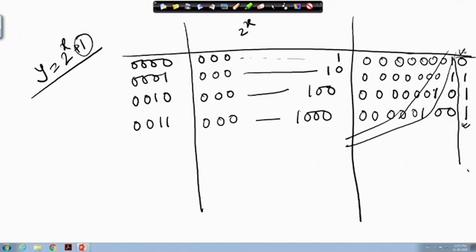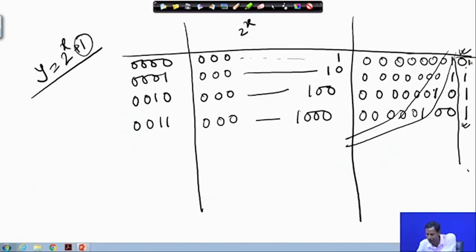So, here what happened? It becomes just the inversion of the P0. That means, in the earlier case it was 1 and the rest of the bits were 0, but here this has become 1, but the rest of all cases became 0.